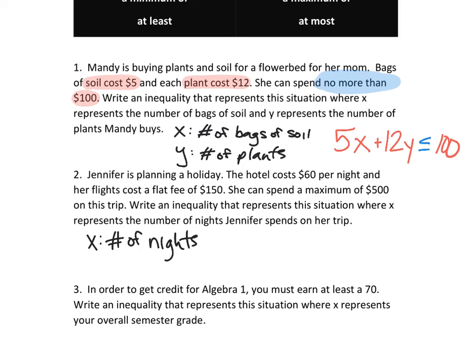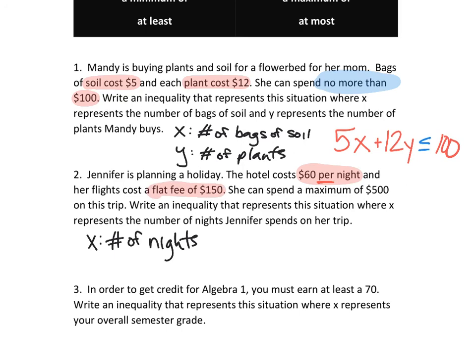So let's read this again. We see the key words. Since we know that x is the number of nights, we see that the hotel costs $60 per night. What does the word per mean? Multiply, so it's a variable, which means that it's my slope. And then it says that her flights cost a flat fee of $150.